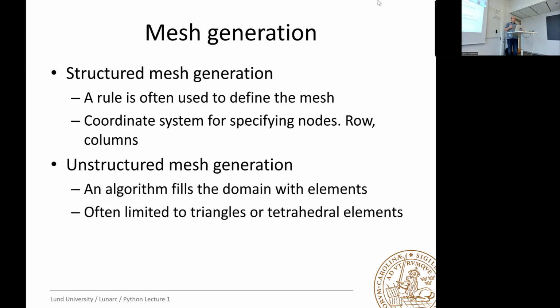That is an algorithm that takes the geometry and basically fills the area with elements. Often there is a limitation to triangles or tetrahedral elements, but you can create 4-node and higher elements by merging triangles and tetrahedral elements, so you can avoid this limitation.